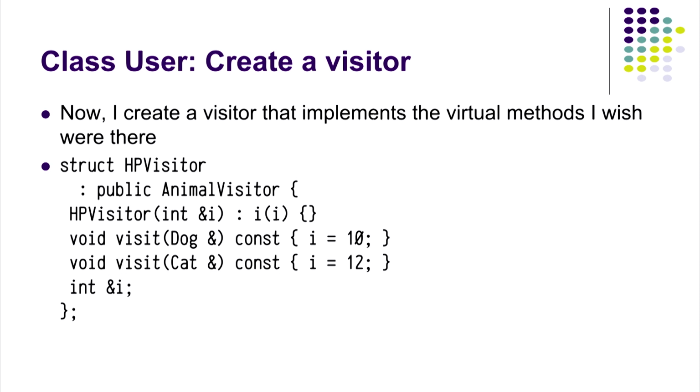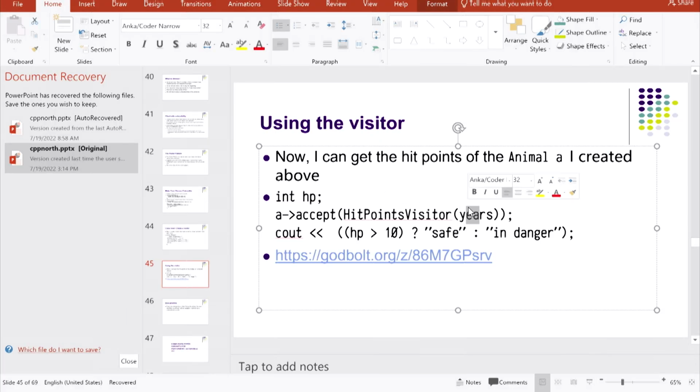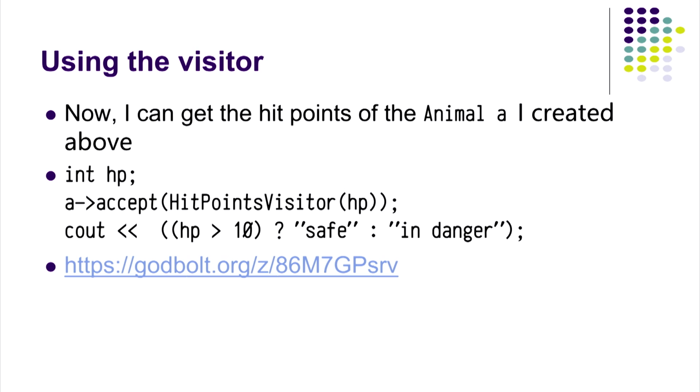So, assuming the class hierarchy designer put in this extensibility mechanism, well, now I can create a hit point visitor by inheriting from animal visitor, and the dog sets the hit points to 10, and the cat sets the hit points to 12, and now I can use the hit point visitor to, that should say HP, not years, right, to set the hit points based on the actual type of the animal object, the runtime type.